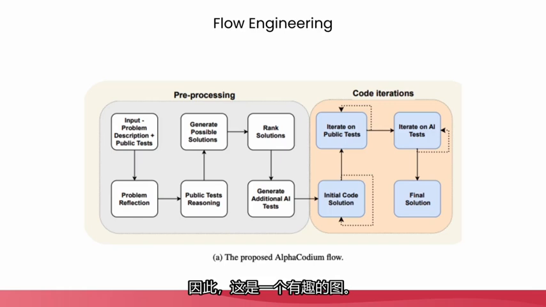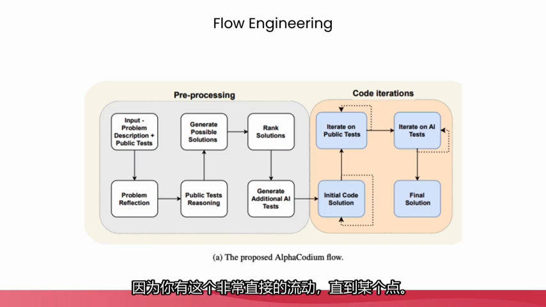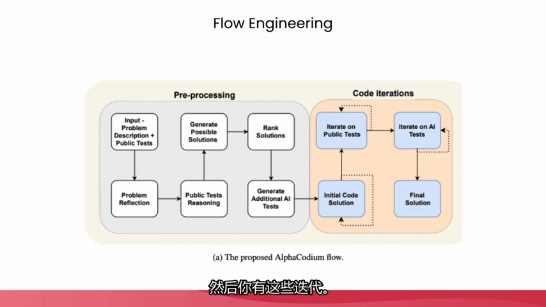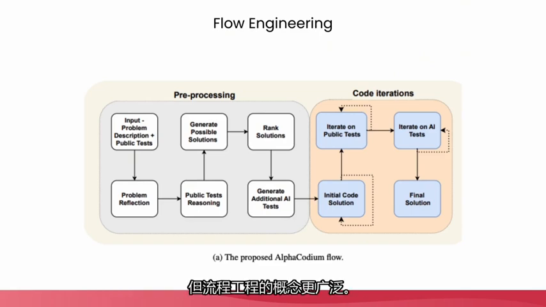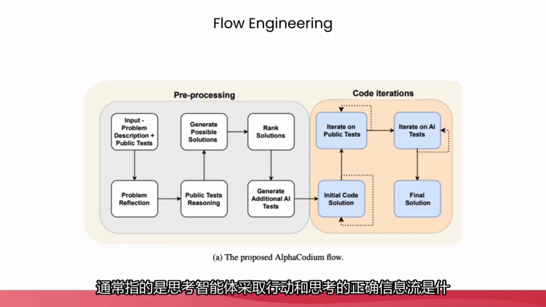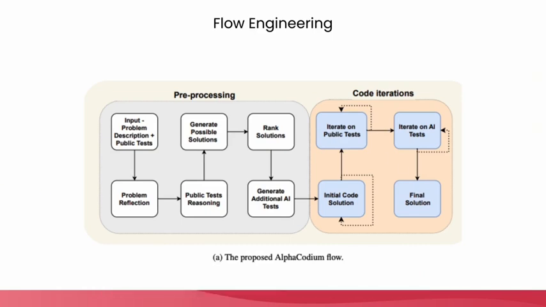And so this is an interesting graph because you have this very directed flow up until a certain point, and then you have these iterations. This is a really bespoke architecture for a particular coding problem. But the concept of flow engineering extends more broadly, and it generally refers to thinking of what is the right information flow for your agents to take action and think.